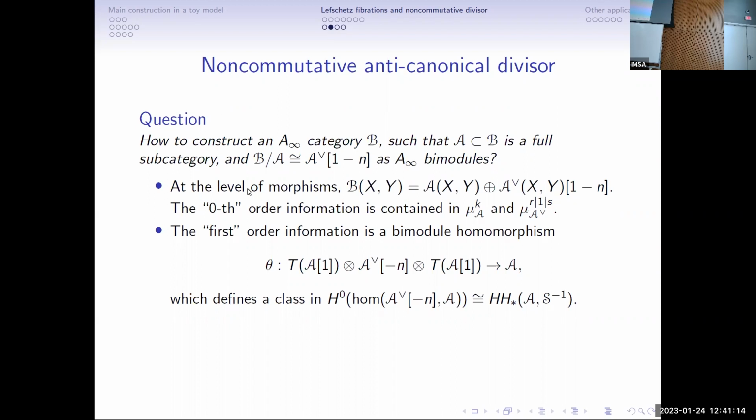So in other words, this will define a class in H0 in the Hom in the category of bimodules from A dual with bigger shifting to A. And as I mentioned before, the linear dual bimodule is represented by the Serre functor. So if you do some kind of isomorphism, you will see that this class actually lands inside the Hochschild homology of A with coefficients given by the inverse Serre functor.